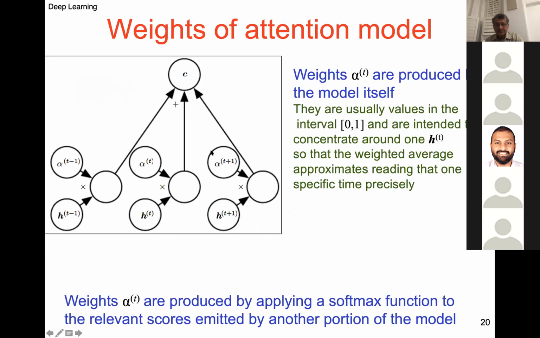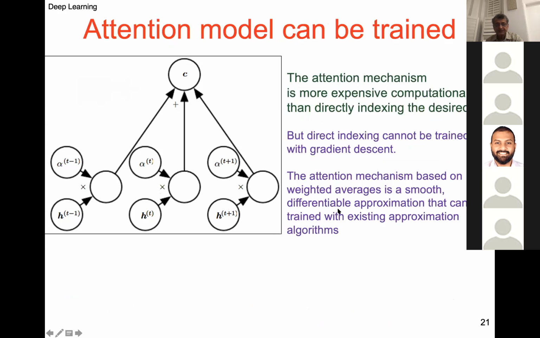They're usually values in the interval 0 to 1 and are intended to concentrate around one edge so that the weighted average approximates reading that one specific time precisely. So the weights are learned in the training process in terms of the task at hand, maybe a proxy task.